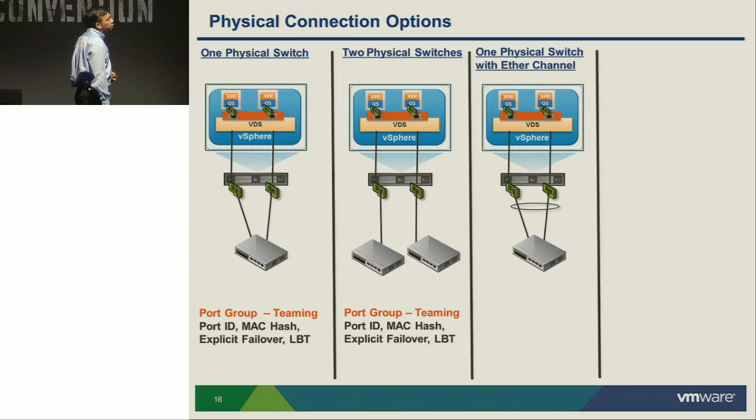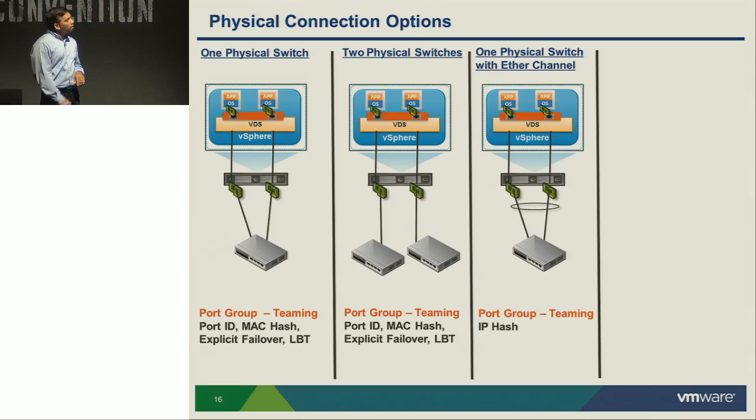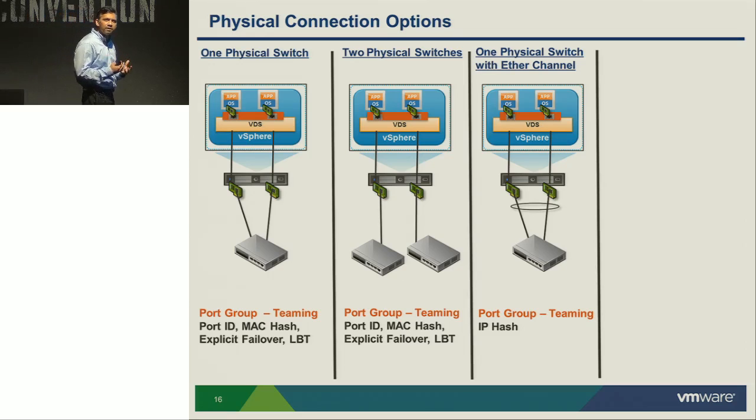Okay, the other option which you have is if the network team says that I have configured LACP on the physical switch, you have to make sure that your, no, not LACP, sorry, this is Ether channel. How many of you are using Ether channel? Because Cisco switches support Ether channel, which is static, it's not LACP, it is a static Ether channel configuration where there is no negotiation going on between the distributed switch and the physical switch.